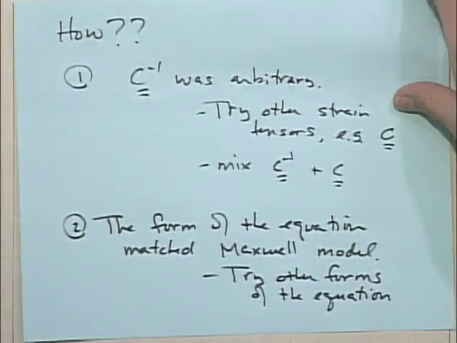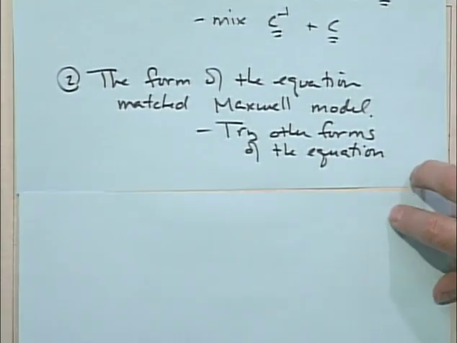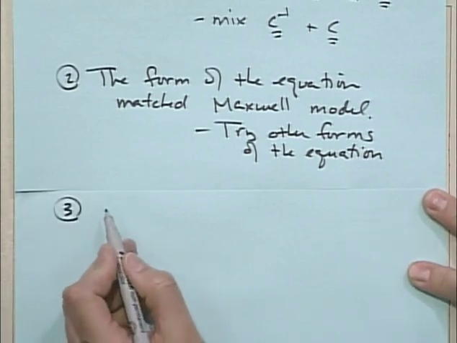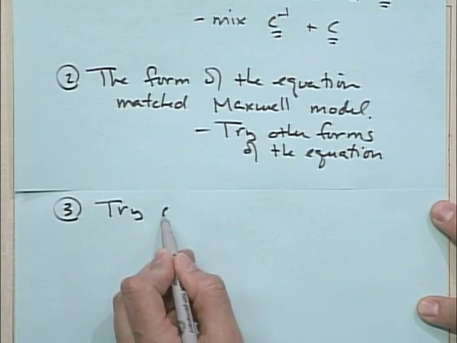And the third thing we could do is something that won't seem as obvious to you. We could try other types of time derivative.